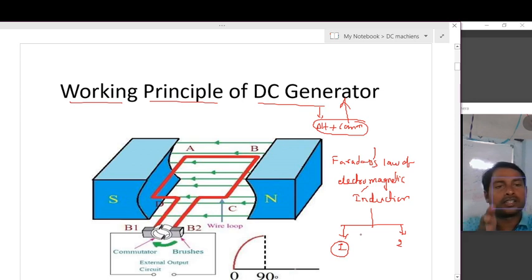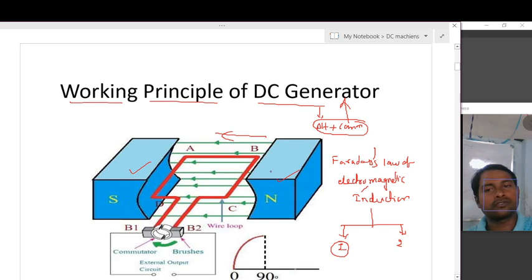Whenever, for example, if you take two poles like this, north and south, we know from the basics that flux always flows from north to south like this, and these north and south are two permanent magnets.